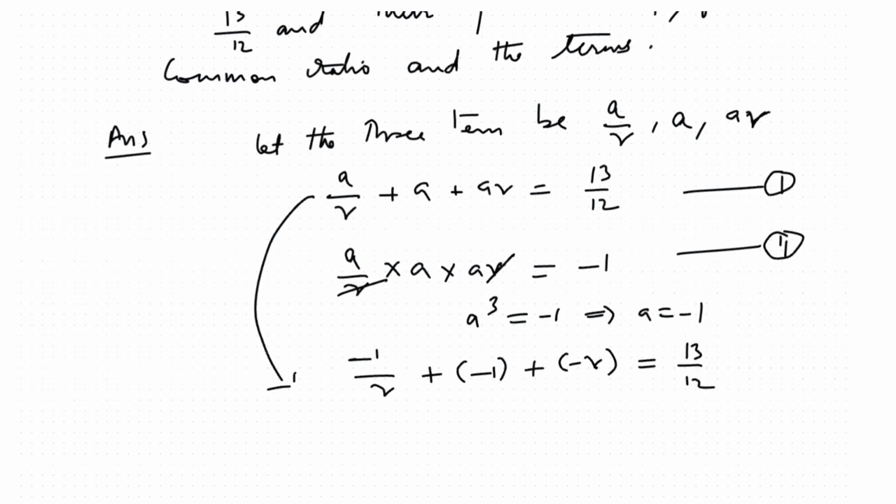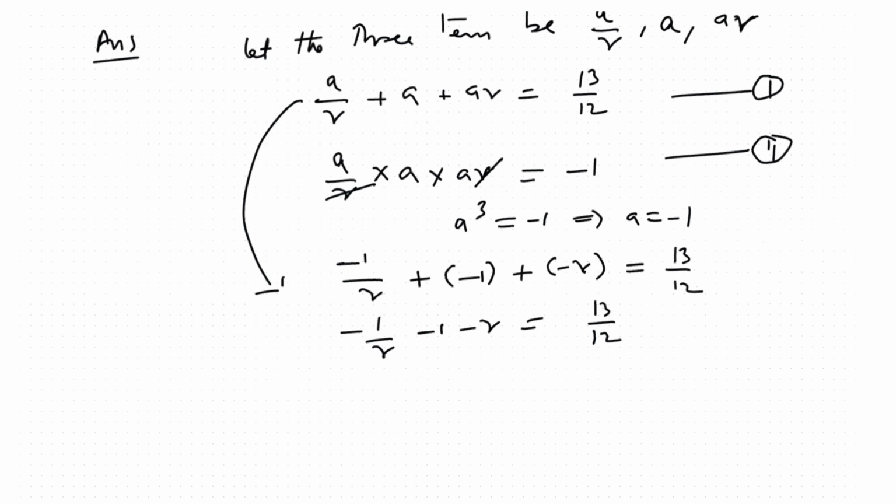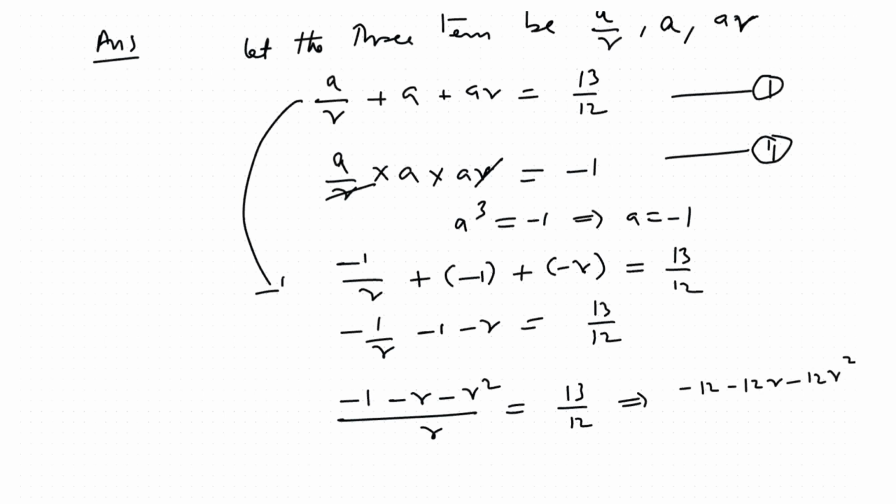Now, if I have to solve this, what am I going to get? -1 upon r minus 1 minus r as 13 upon 12. So I can possibly write -1 minus r square upon r equal to 13 upon 12. Or let us cross multiply. -12 minus 12r minus 12r square equal to 13r.